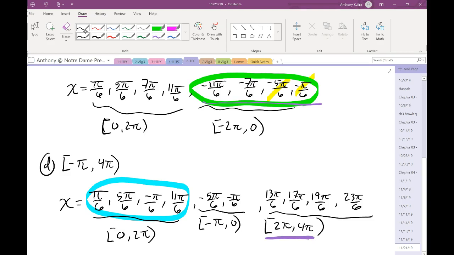I tried to pick intervals where you got to do that, and maybe you had to be careful about which ones you picked, like in part D where we only need half of the negative answers. Does that make sense, Kendall? Yeah, you're welcome.